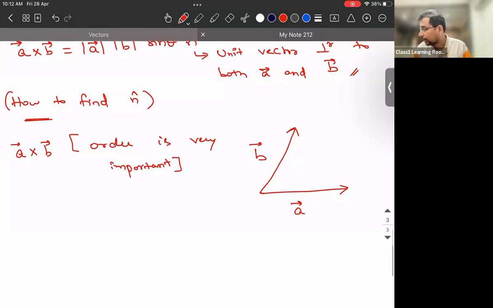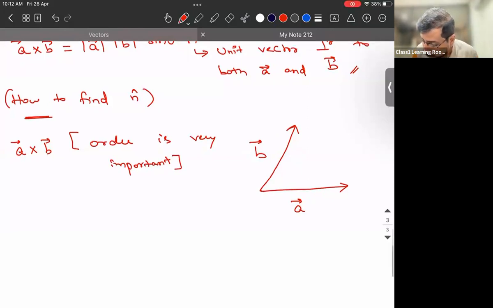So listen to this carefully. When you do A cross B, this is first, this is second. So in this case, this is A vector and this is B vector.